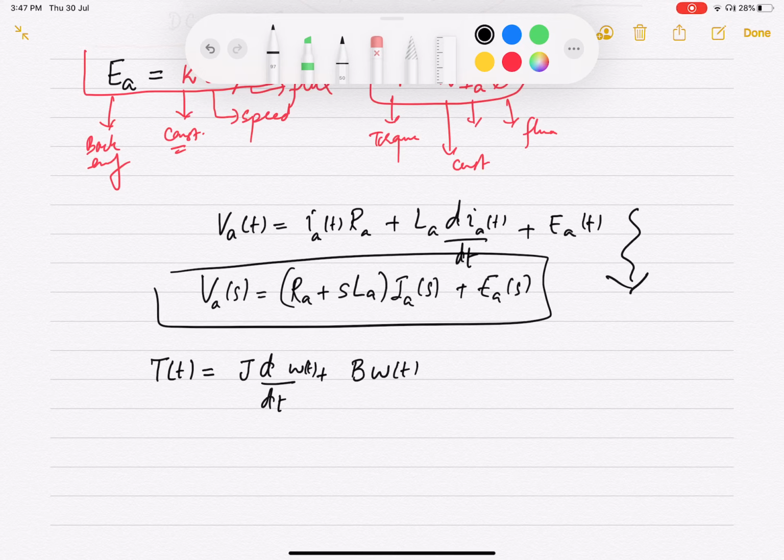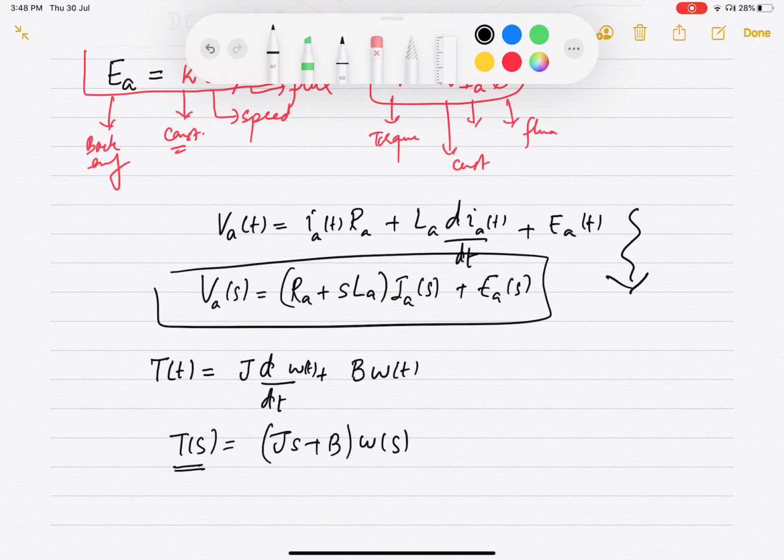So if you write this in the S domain, you should get T(s) is equal to (Js plus B) omega(s). Now this is the mechanical torque equation.